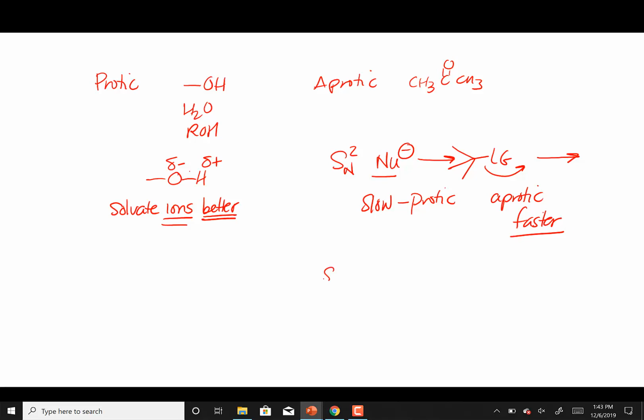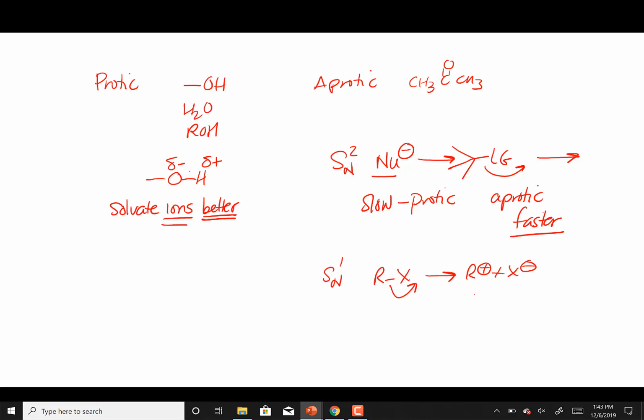How about an SN1 mechanism? In this case, I'm breaking apart and I'm making the carbocation and the anion. Is solvation good here?